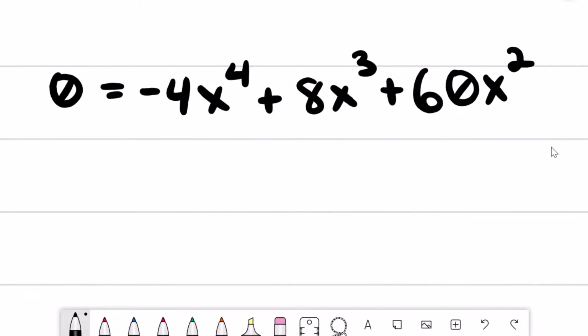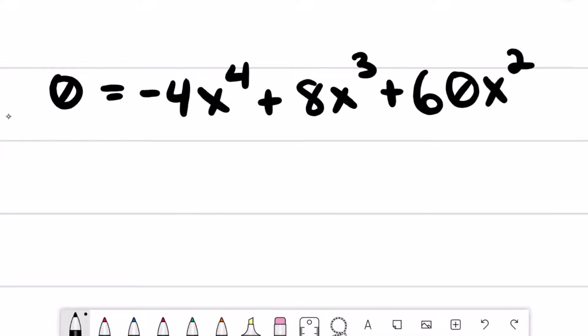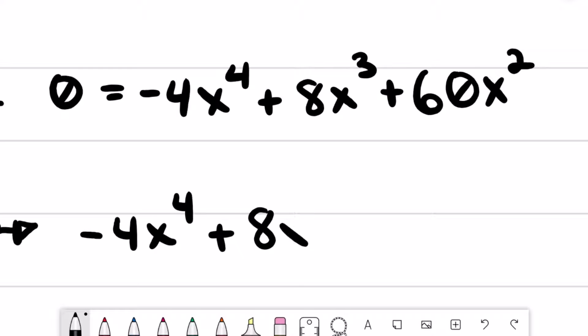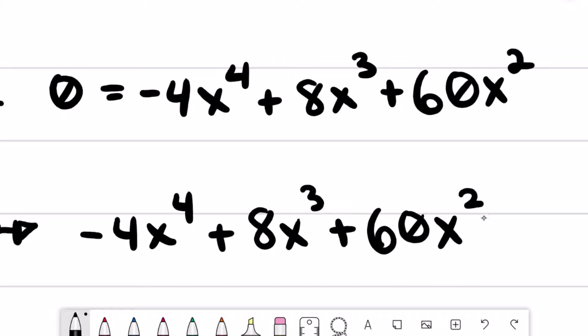Okay, so just so that I don't lose anyone here, I'm going to write negative 4x to the fourth power plus 8x to the third plus 60x squared is equal to 0. I literally just moved the 0 from the left to the right.